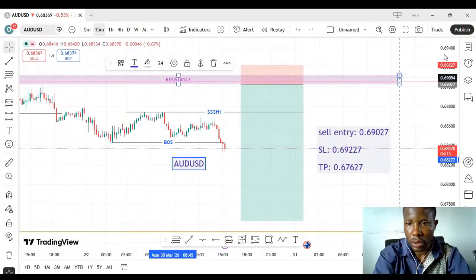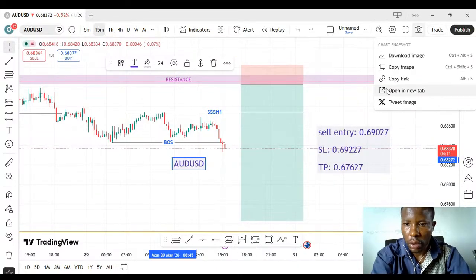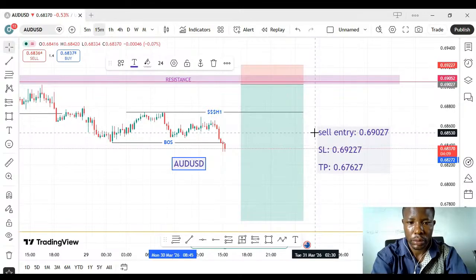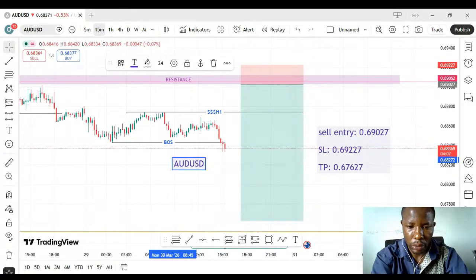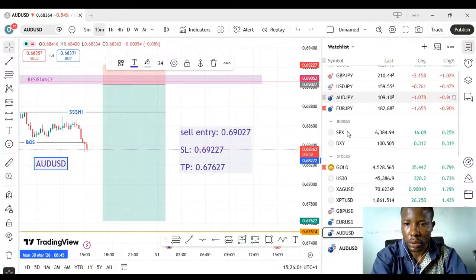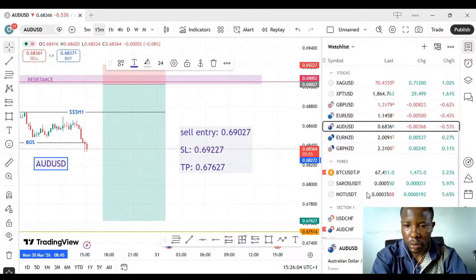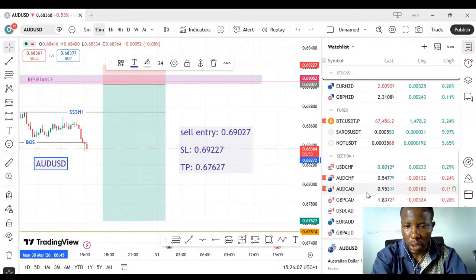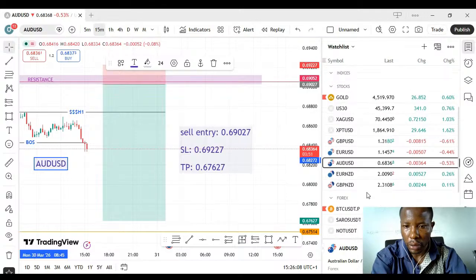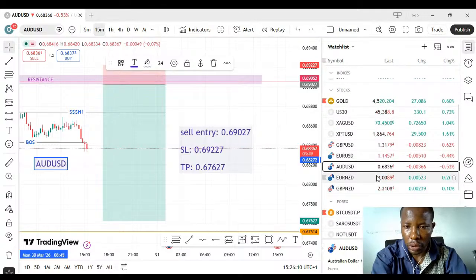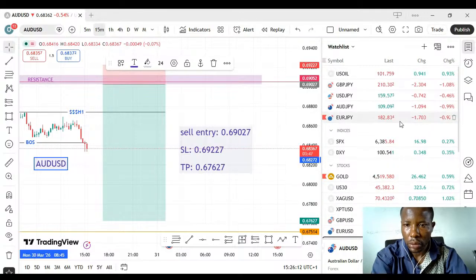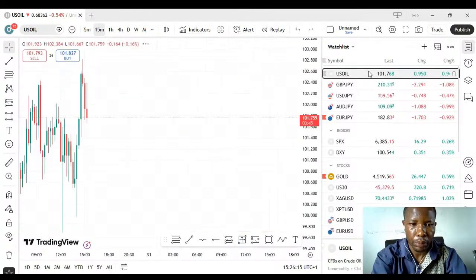So let me just share it with us. Then we'll check our oil trade, did it pick or did it not pick? We haven't picked, we just allow it to do whatever it wants to do. But I'm holding that zone. I'm waiting for it to come and pick us.